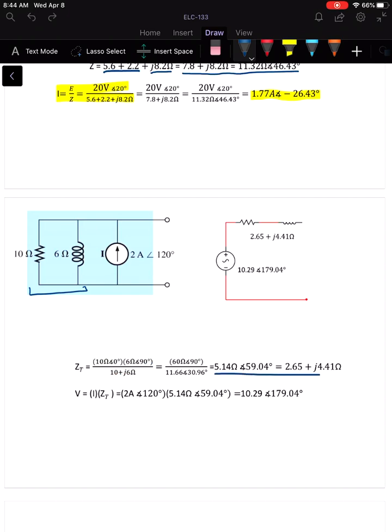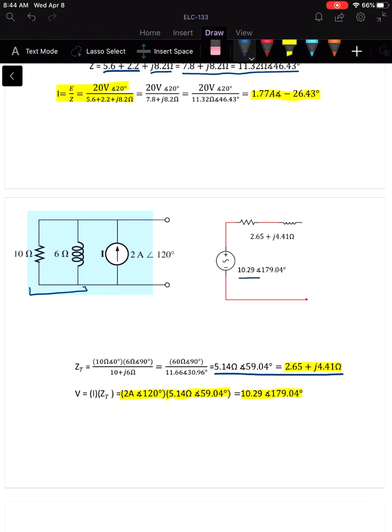That gives us the impedance, and I'm going to stick to the rectangular version here for a moment, because that's what we're going to use when we draw our resulting voltage source. To find that voltage source, we're going to multiply the current source by that parallel impedance, and that's going to give us our voltage source.